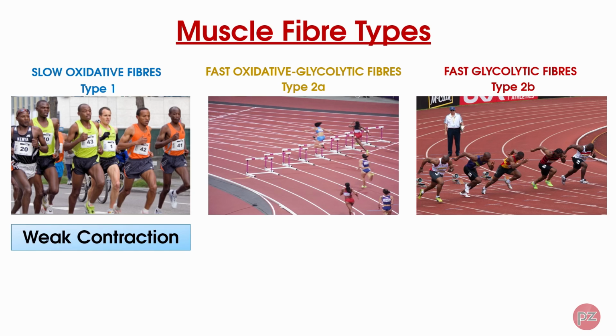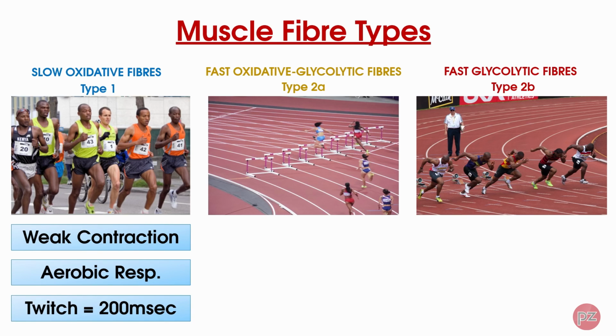They have tons of mitochondria and lots of myoglobin to store that oxygen, and they generate their ATP by aerobic respiration. Because of that, they have little glycogen stores. And their twitch lasts the longest of all these 3 muscle fiber types, at about 200 milliseconds. So it's quite a slow process, but it's efficient.